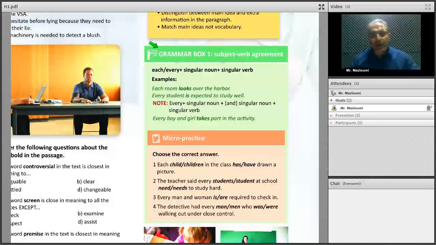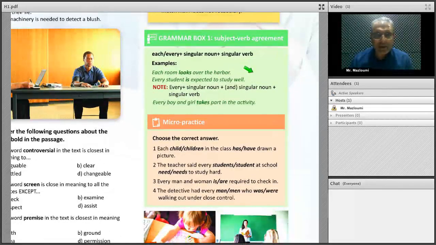In other words, or to put it in a nutshell, our verb should agree with the subject. So, everyone, we have each and every. Remember, we use each and every with singular countable nouns. Singular countable nouns. And our verb is always singular.